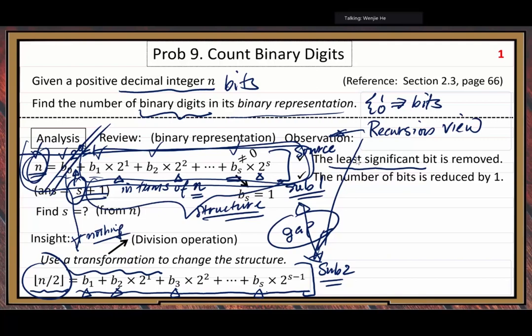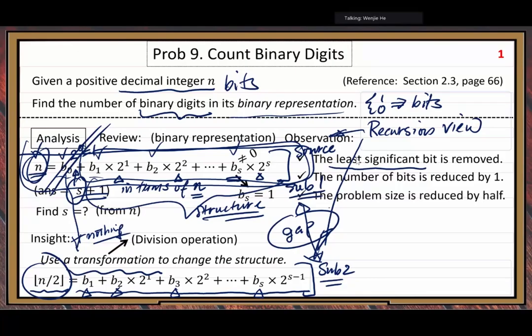So the difference is 1. Before and after transformation, when you count the number of bits of the binary representations, the difference is only 1. That observation is important, and it is useful when we discover the recursive formula.